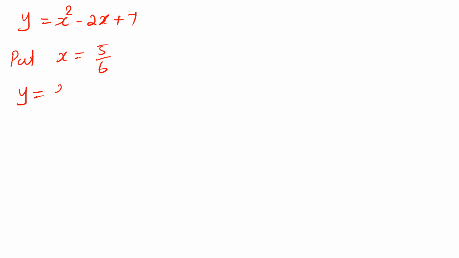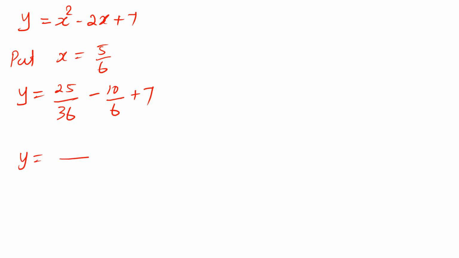Now let us take the given equation y is equal to x square minus 2 times of x plus 7. Substitute x is equal to 5 by 6. Therefore, y is equal to 5 by 6 the whole square, 25 divided by 36, minus 2 into 5 by 6, that is 10 divided by 6, plus 7.